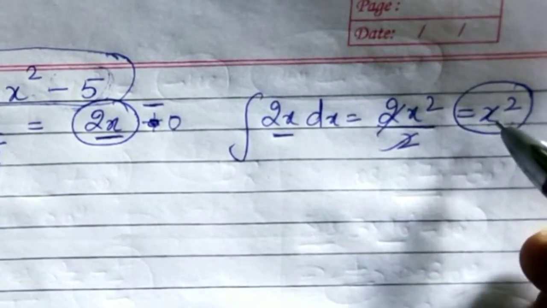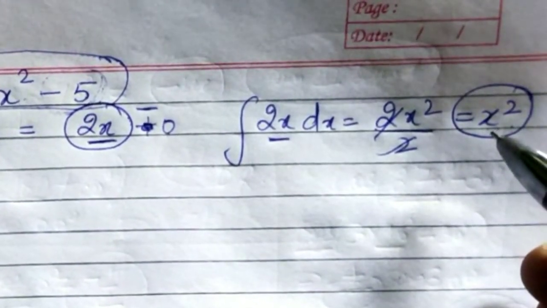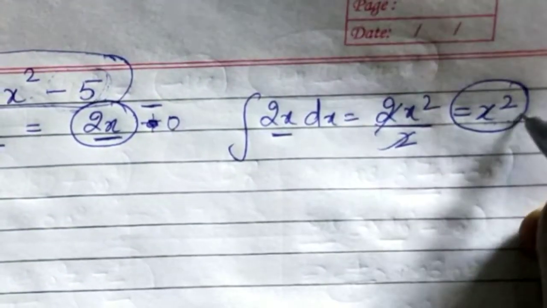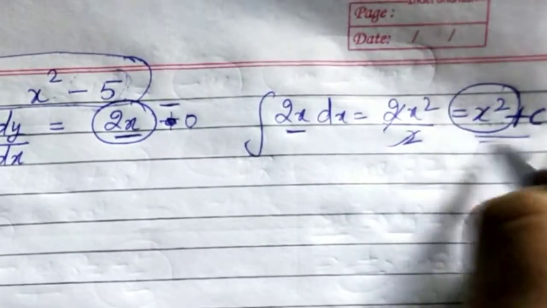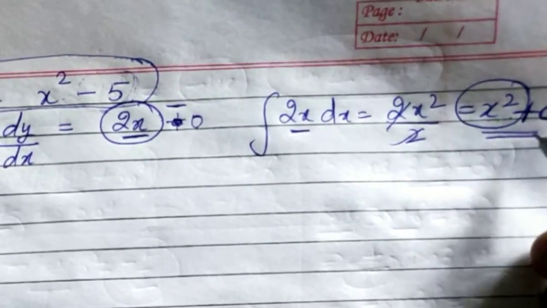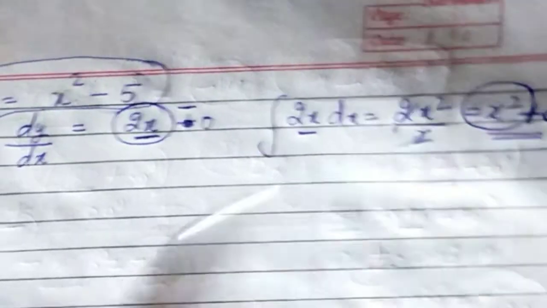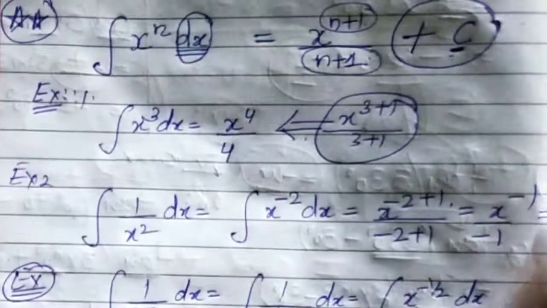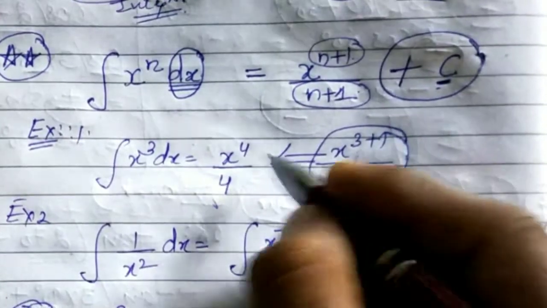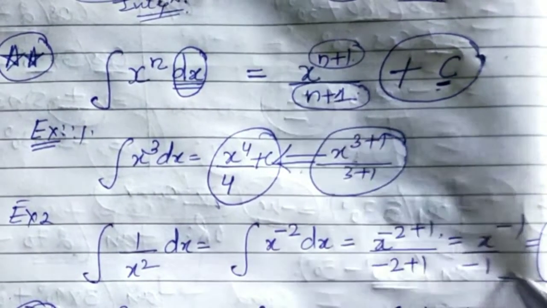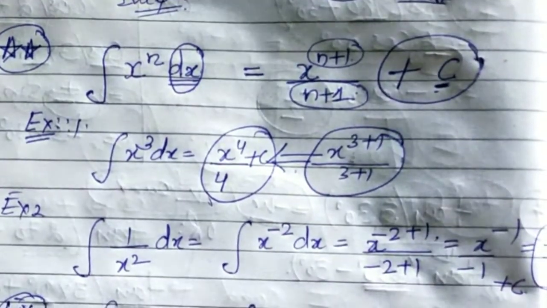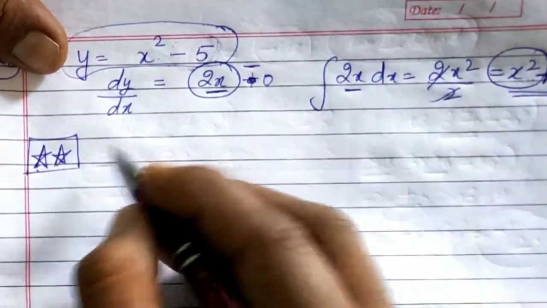So if I simply say that differentiation and integration are opposite to each other, then after every integration I have to write a constant plus c. Without it the answer will not be complete. So in every integration, whatever the case, we always have to write a constant with plus sign in the end. The second method is of limits.